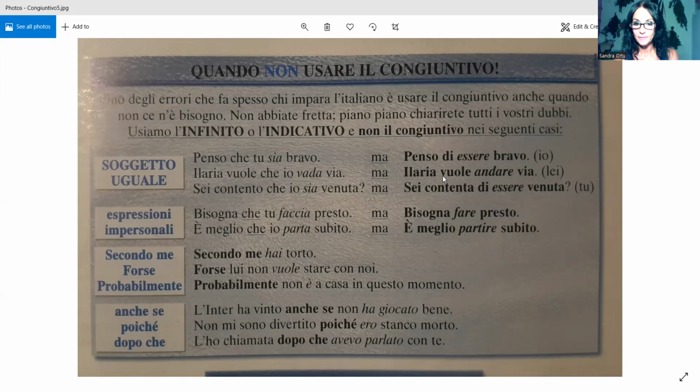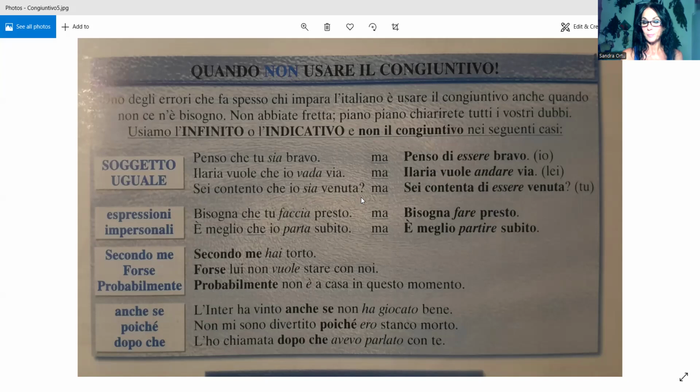And here we have Ilaria, just let's call it an ordinary sentence that I'm sure you have used more than once. Ilaria wants to go away or wants to leave. Next sentence. Sei contento che io sia venuta?